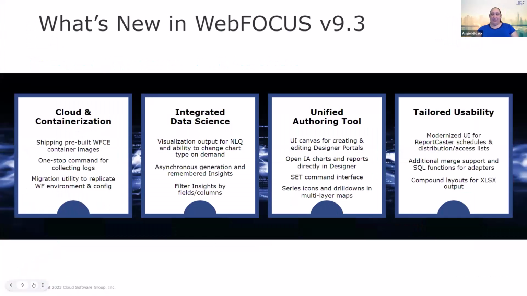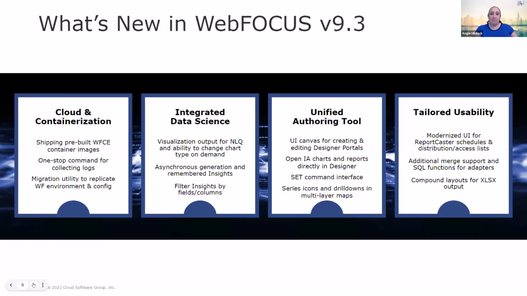Okay. So what are the features in 9.3? How do those themes correspond to actual features? So in the cloud and containerization bucket, the big thing here is that we are going to be shipping pre-built containerized environments, starting with release 9.3.